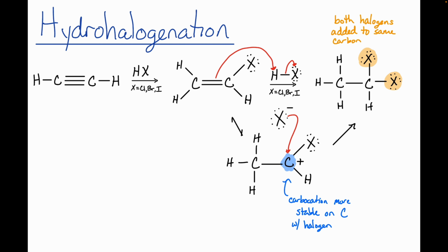Because in that second step we form a carbocation intermediate, and that carbocation is more stable on the carbon that already contains one halogen. That's where my second halogen will be added as well.